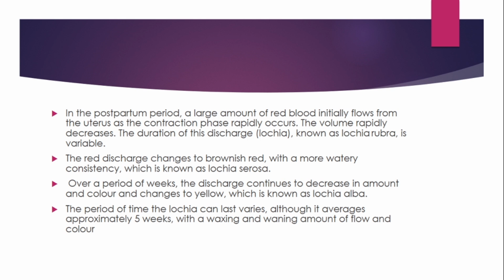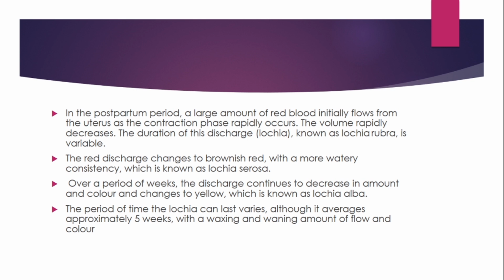Then the red discharge changes to brownish red with a more watery consistency, and at this point is known as lochia serosa. And over a period of weeks, the discharge continues to decrease in amount and color and changes to yellow, which is known as lochia alba.